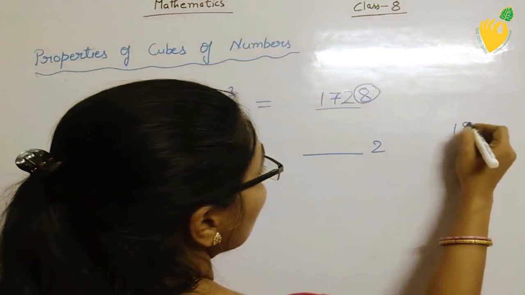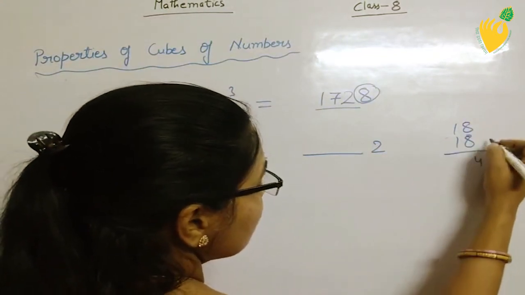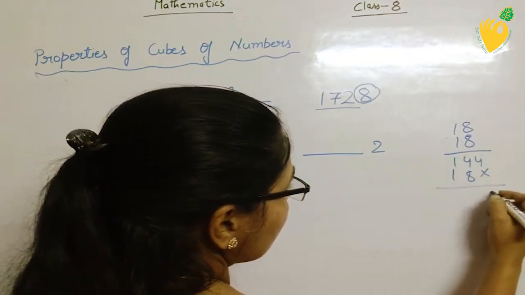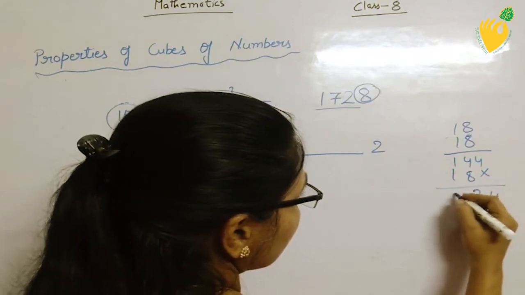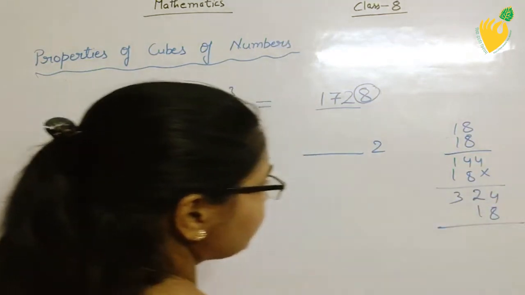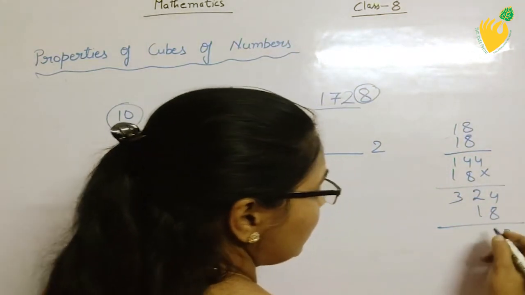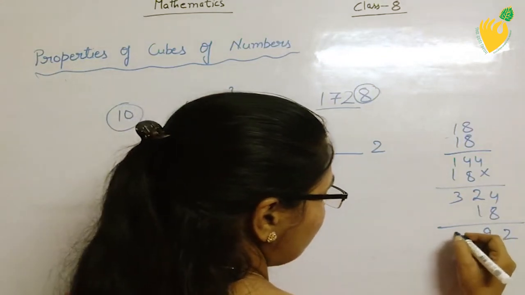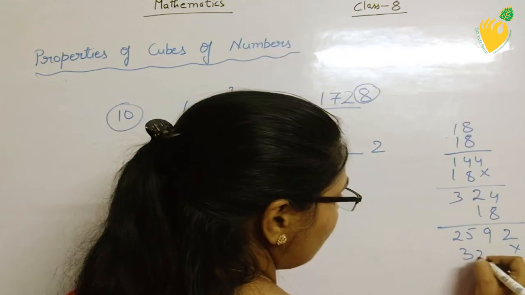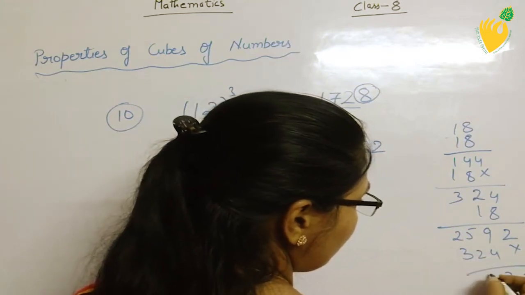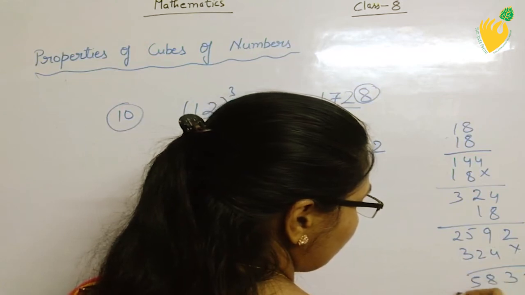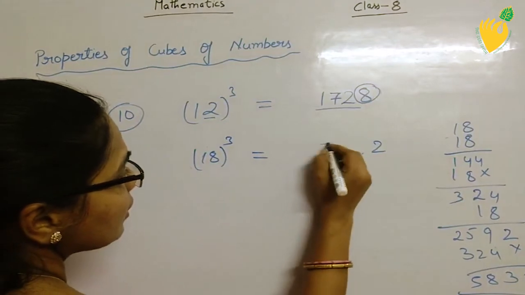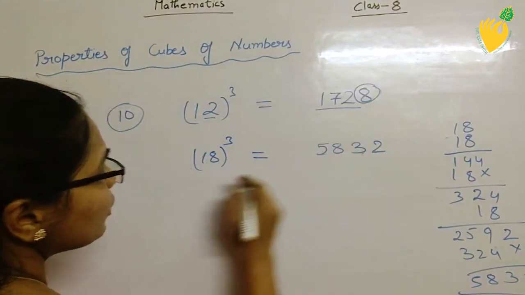See the cube of 18. 18 times 18 is 324, multiplied by 18 gives 5832.